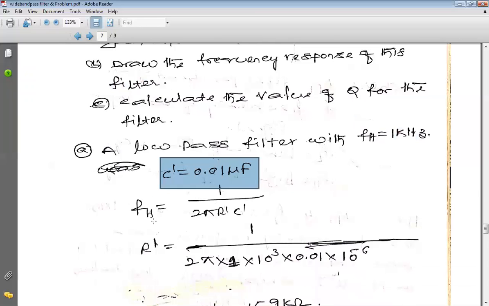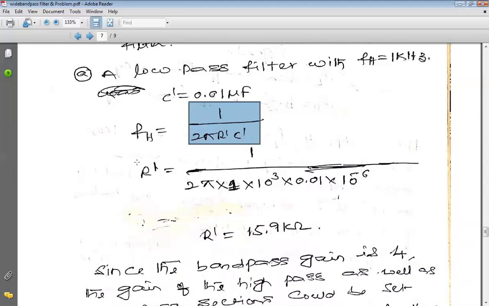Therefore, fH is equal to 1 by 2 pi R dash into C dash. We already discussed how we got this equation. Then R dash is equal to 1 divided by 2 pi fH into C dash.